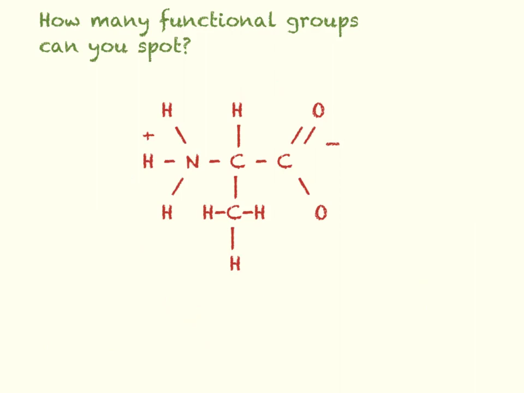So you should be able to find 3 functional groups in this amino acid. It happens to be a zwitterion right now because one of the groups has ionized negative and the other has ionized positive, but the net charge is 0. I'll give you one hint, and that is that this is not a ketone.